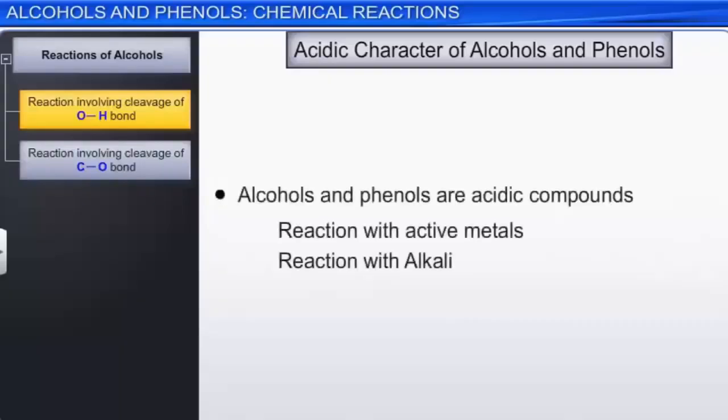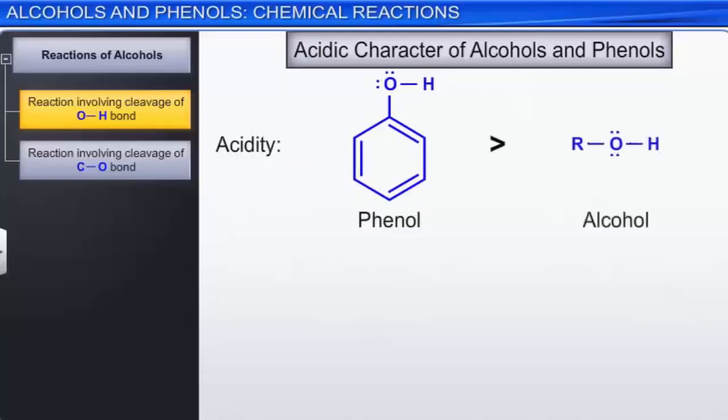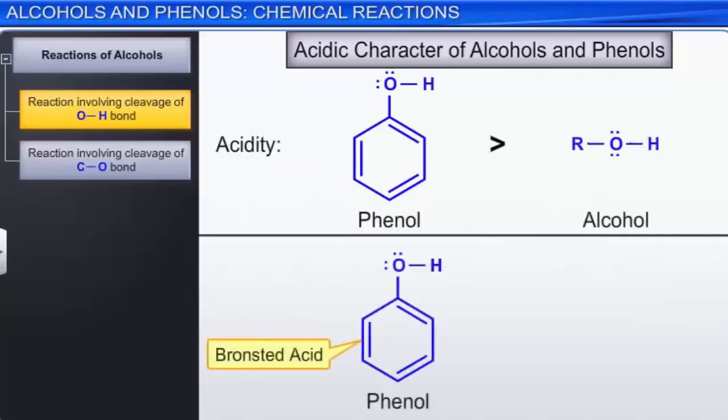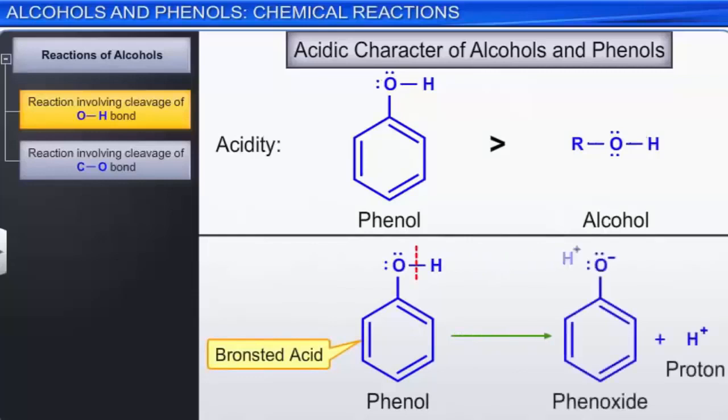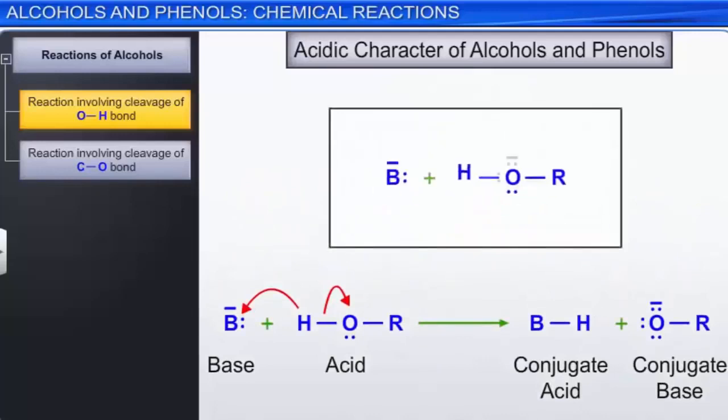The reactions we just studied illustrate that alcohols and phenols are acidic compounds. Phenols are comparatively more acidic than alcohols. They are Bronsted acids or proton donors. As the equation here shows, they can donate a proton to a stronger base.